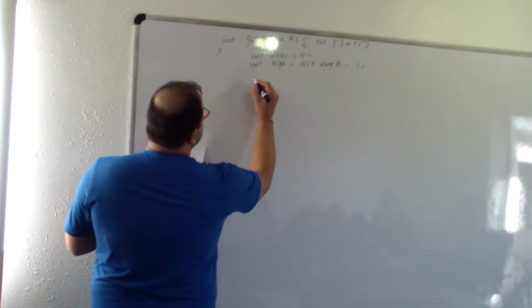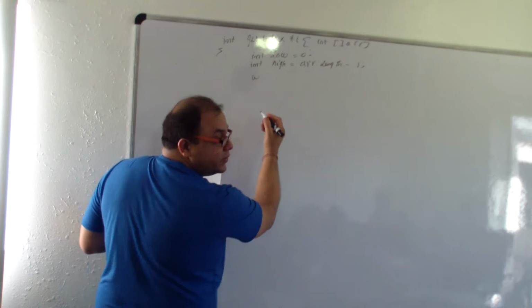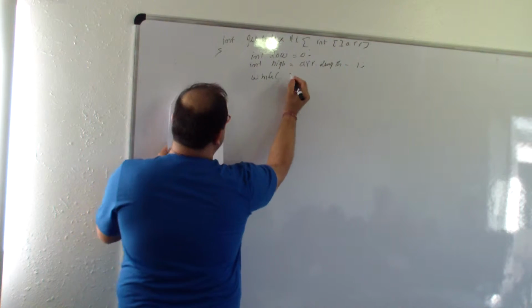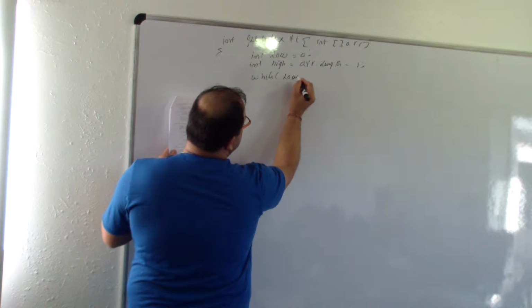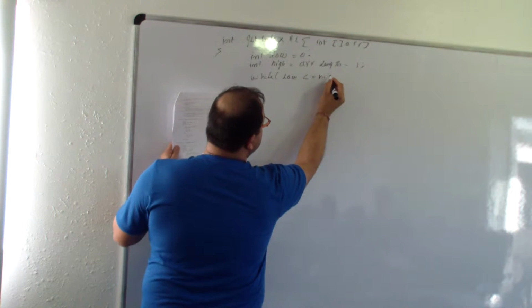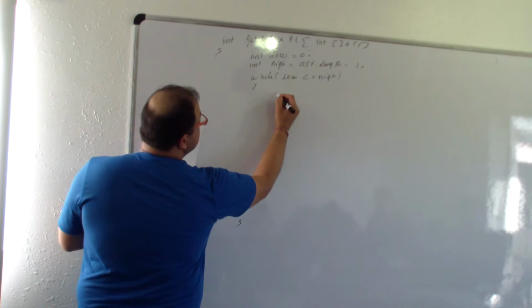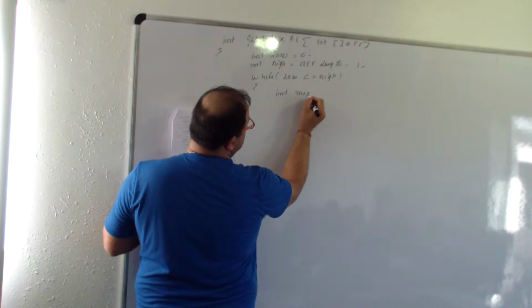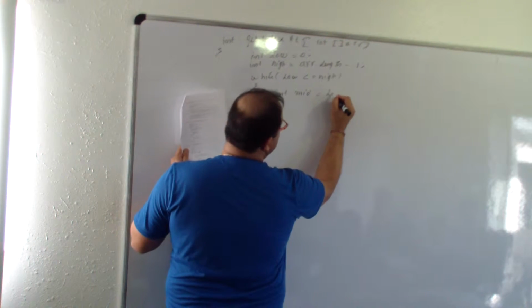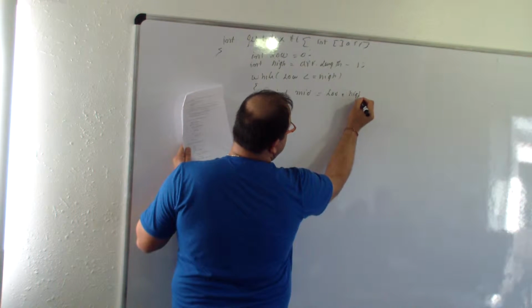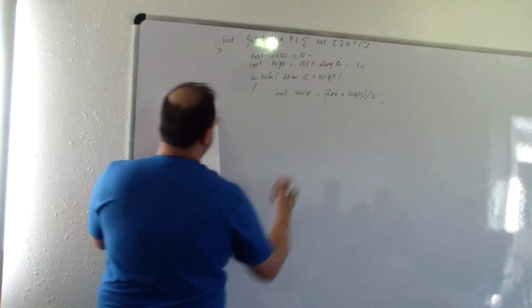While low is less than or equal to high, what we will do is check: integer mid is equal to (low plus high) divided by 2.